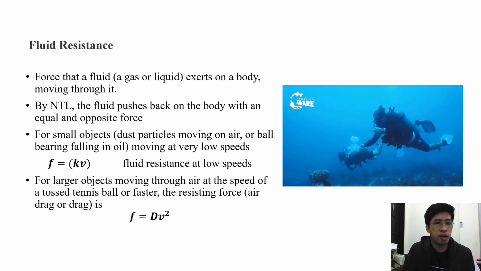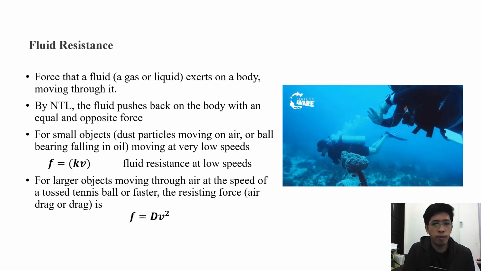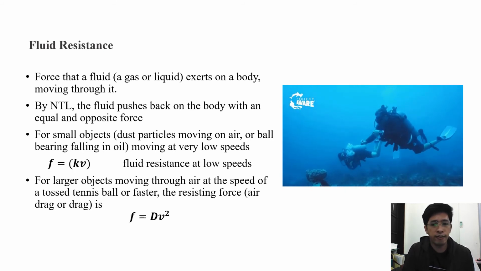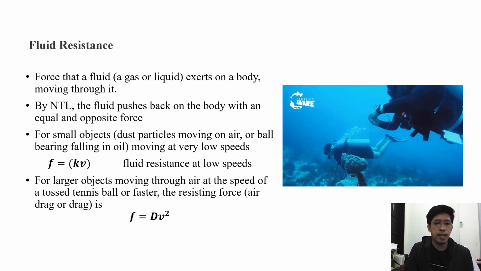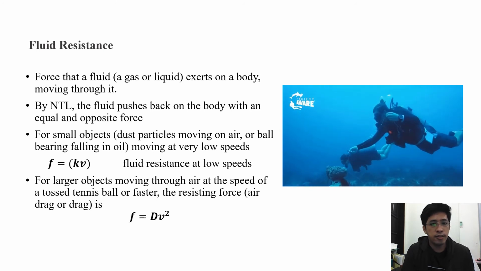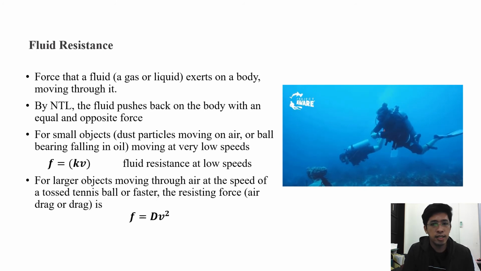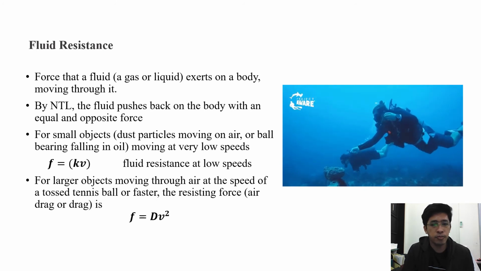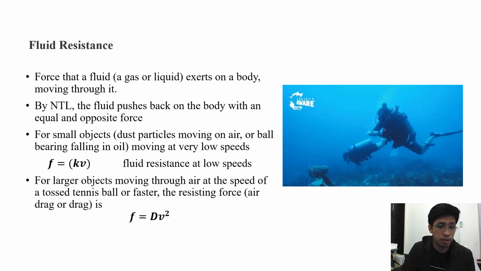And for small objects, say for example dust particles moving in air or a ball bearing in oil moving at very low speeds, the fluid resistance F is equal to kv, some constant k times your velocity. This is fluid resistance at low speeds.